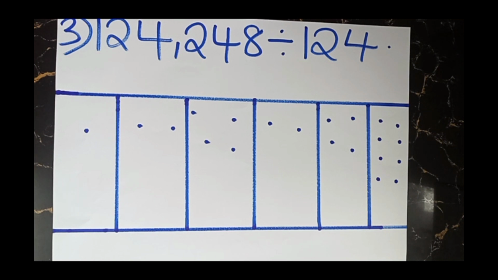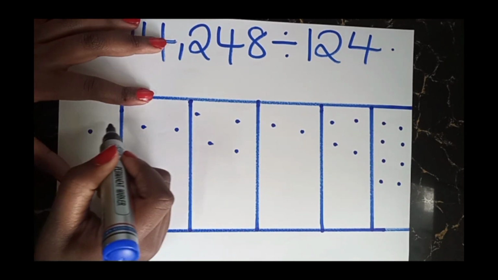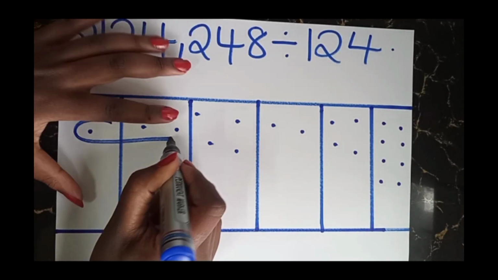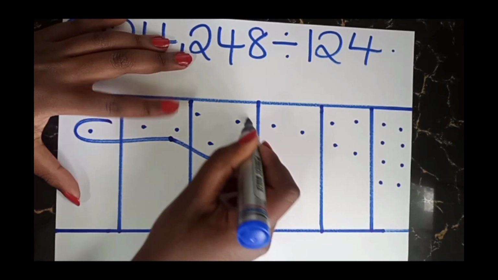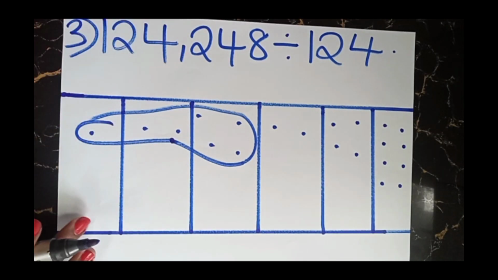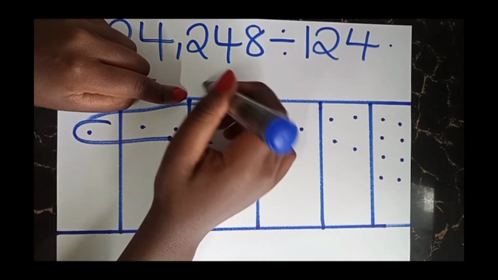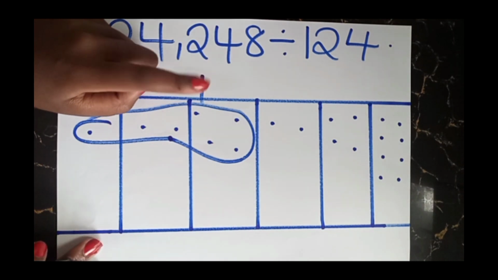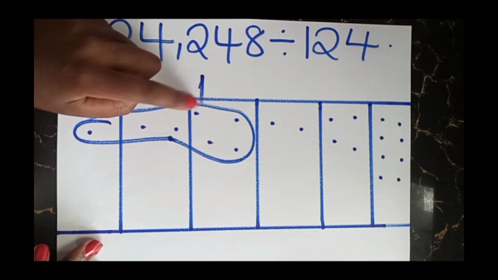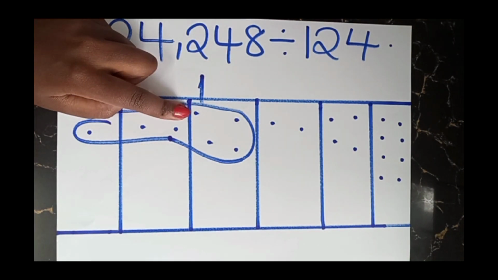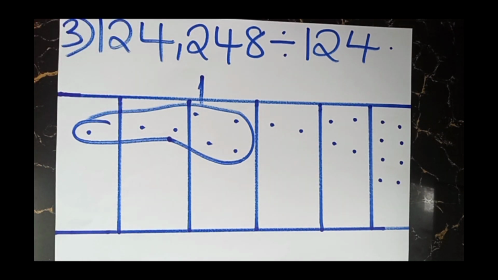So for 124, we'll get a 1 from here, a 2 from here, and a 4 from here. Are we together? And so this is where we have one group of 4. This is our one group of 4. Are we together? Yes. Let's continue counting.